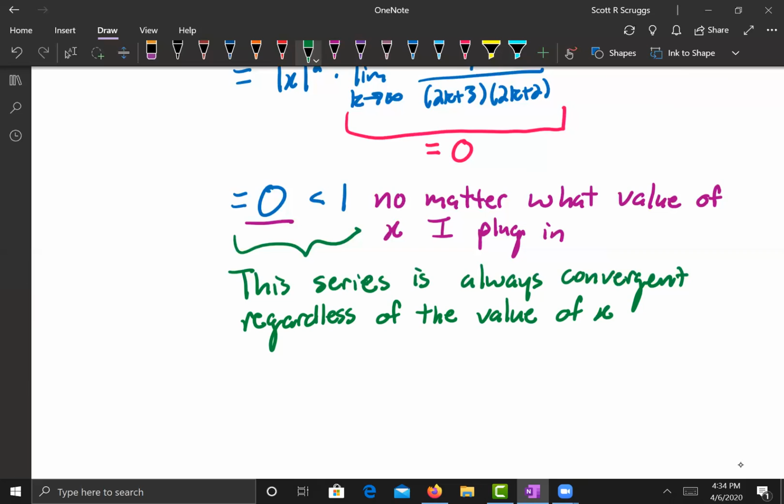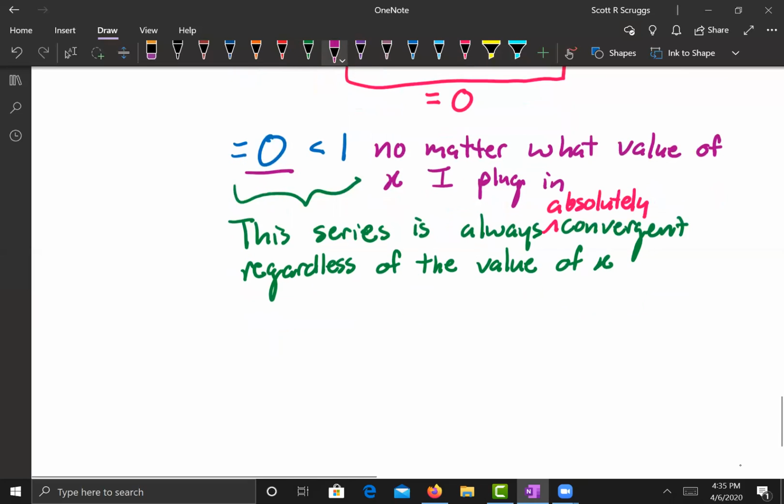No ifs, ands, or buts. And I could be stronger than that because I did the ratio test. I could be stronger and say I always have an absolutely convergent series. Because if I converge by the ratio test, that tells me I'm absolutely convergent.